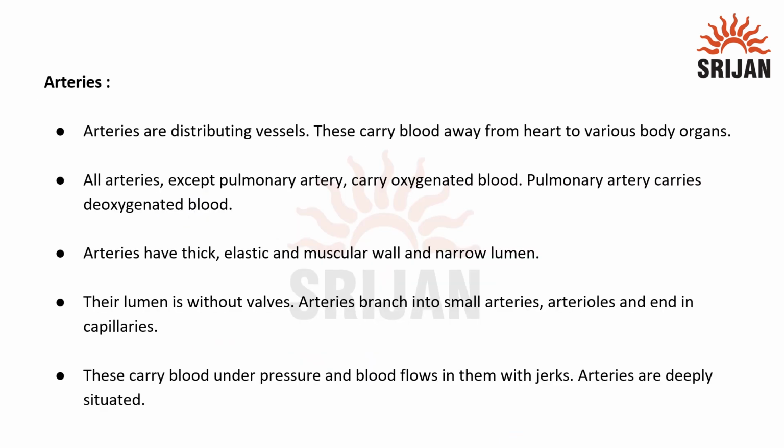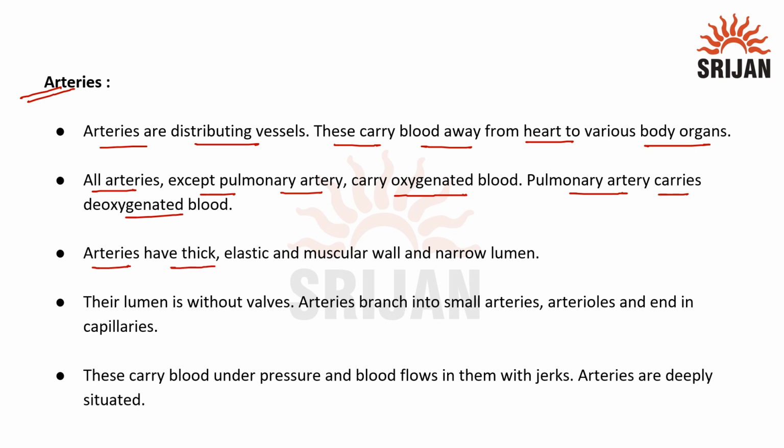Now let's understand about arteries. Arteries are distributing vessels. These carry blood away from heart to various body organs. All arteries except pulmonary artery carry oxygenated blood. Pulmonary artery, which is an exception, carries deoxygenated blood.